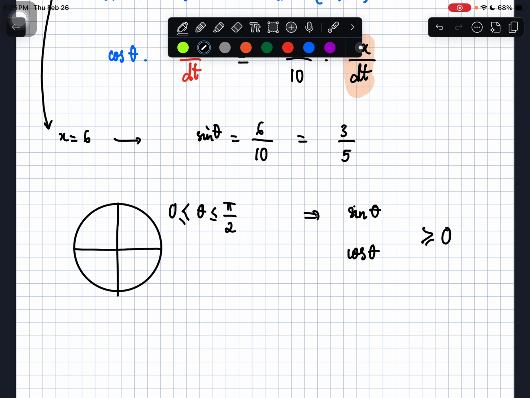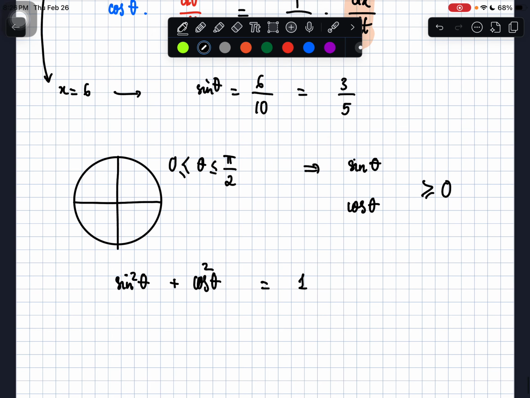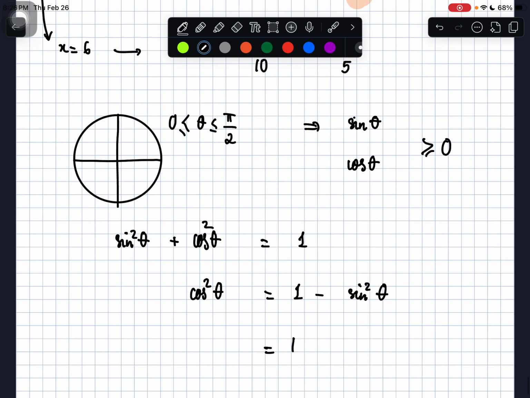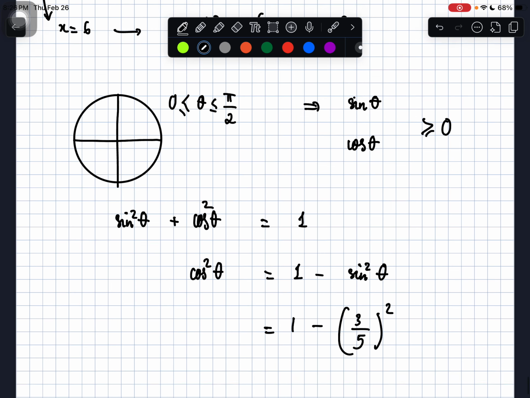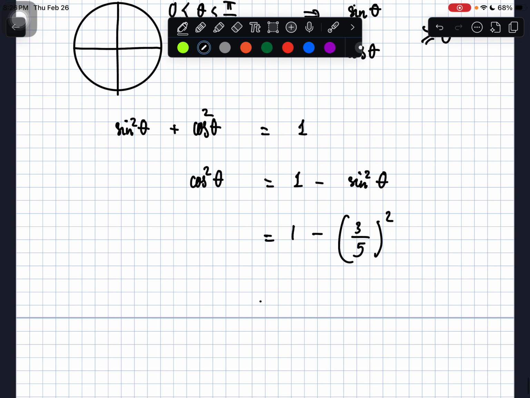So I have cosine squared theta plus sine squared theta equal to 1. So I use this to compute cosine theta. Cosine squared theta is 1 minus 3 over 5 squared, which is 1 minus 9 over 25.